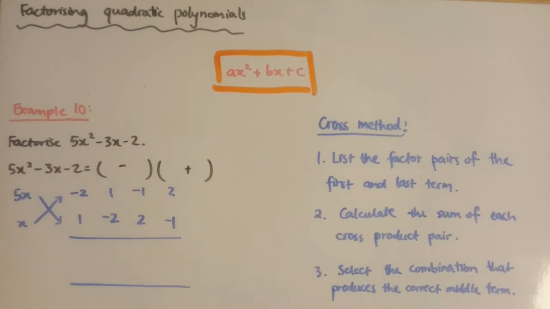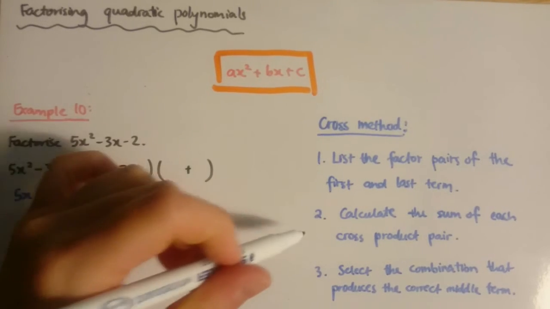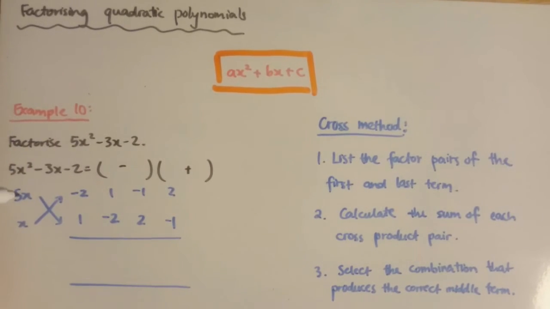We're going to do the same thing, multiply and add them up, and calculate the sum of each cross product pair. So 5x times 1 is 5x, x times negative 2 is negative 2x. If we add them up, we get 3x, which is not what we want. We don't want a positive 3x, we want a negative 3x. So that goes. 5x times negative 2 is negative 10x.